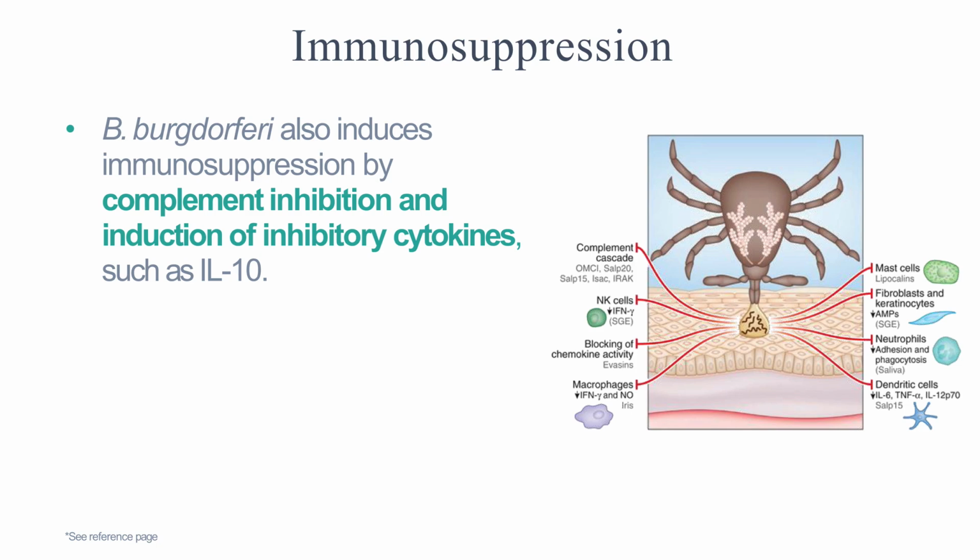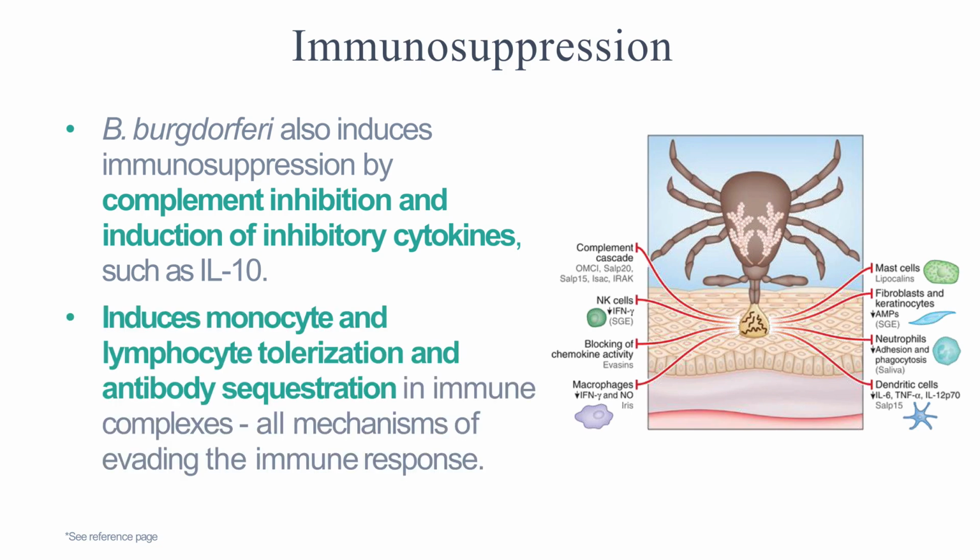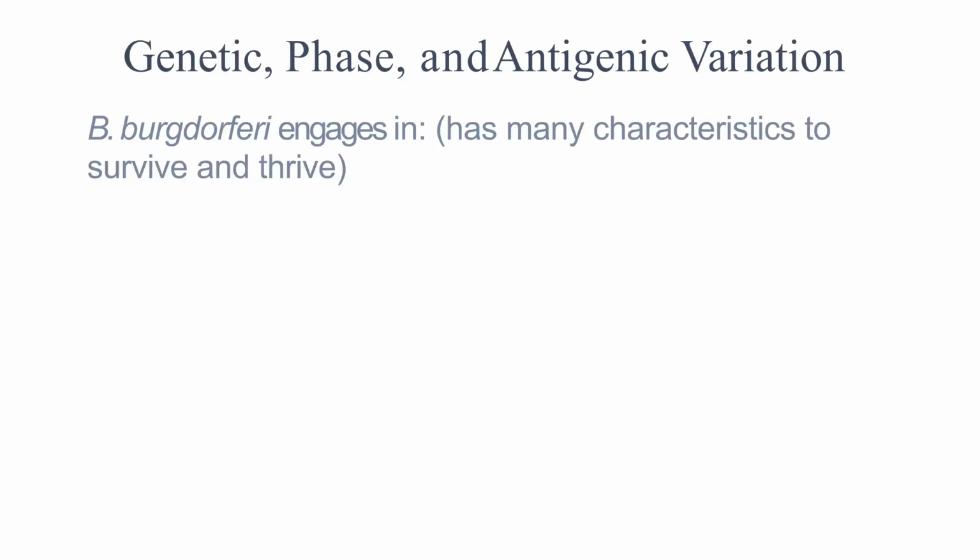Now, obviously, with the erythema migrans, there is a reaction with some people to a certain degree, but it's not enough to destroy that bacteria, to destroy the spirochete and allow it to penetrate further. So it also induces monocyte and lymphocyte tolerization and antibody sequestration in immune complexes and all mechanisms of evading the immune response. So it's just highly, highly intelligent in how it's gone through this process to develop these strategies to get into the body.